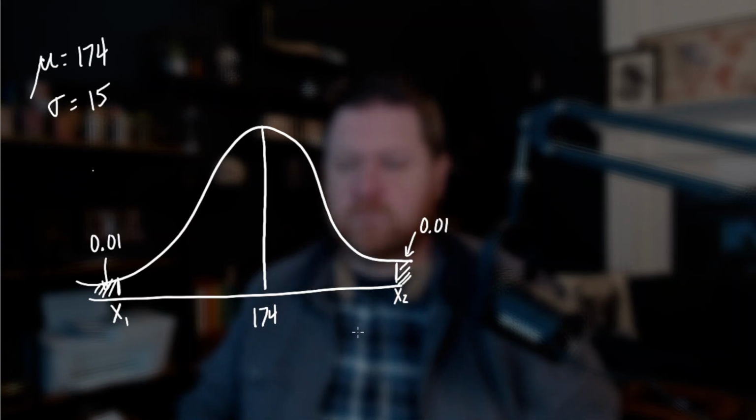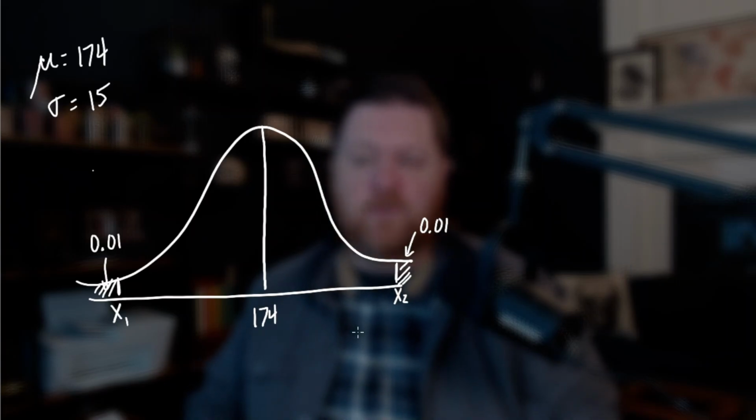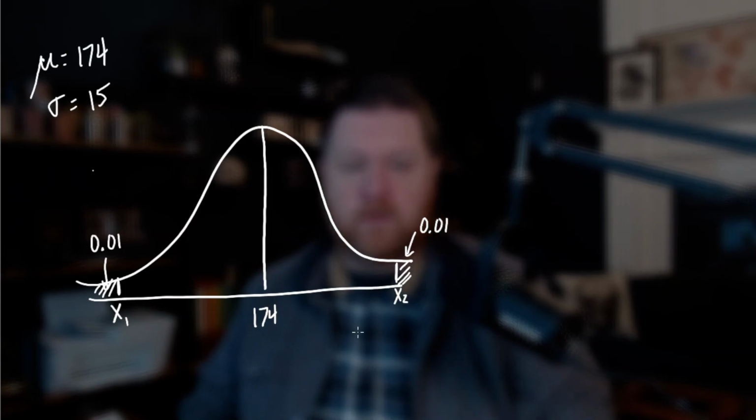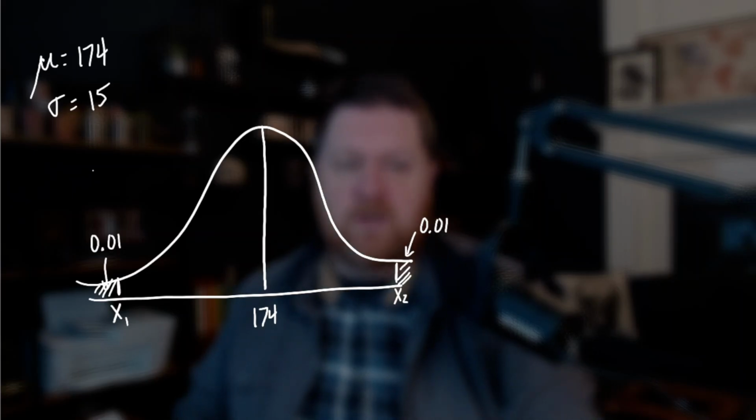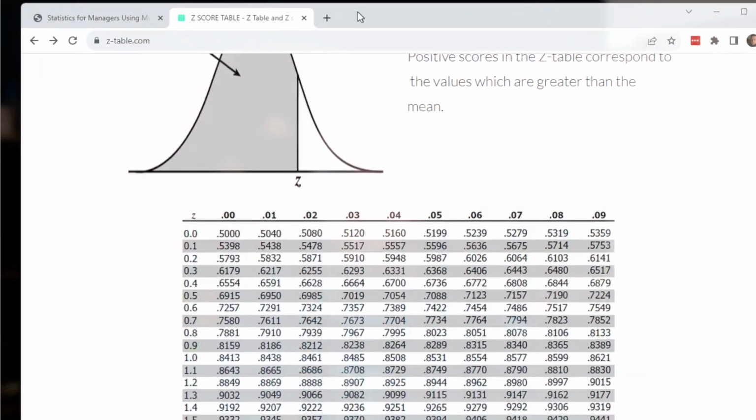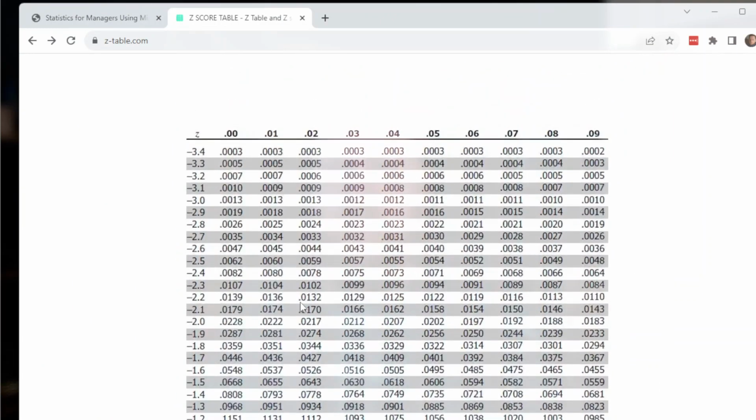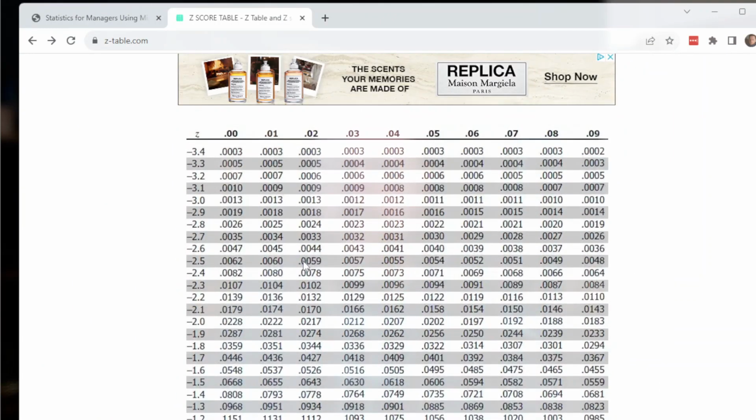Now, to do that, let's start with the easier one, which is going to be x1, because we need to know the area to the left. Well, the area to the left is 1%, right? It's given to us right there. The area to the left of x1 is 1%. So let's grab our z-table and find 1%. It's going to be way up here at the top. It's 0.01, so let's find 0.01.